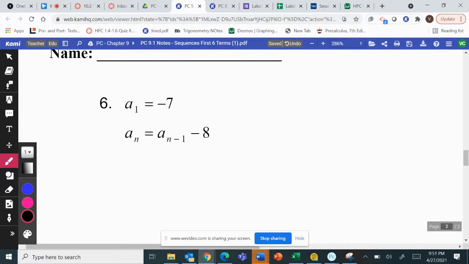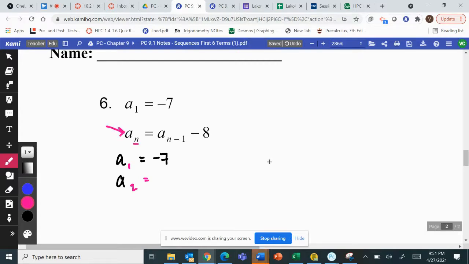This is not giving me a formula where I can just plug in the term number. This is telling me the first term is 7. All right, so I already know a sub 1. Sorry, I said 7, negative 7. So now I have to find a sub 2. But all I have is this equation.